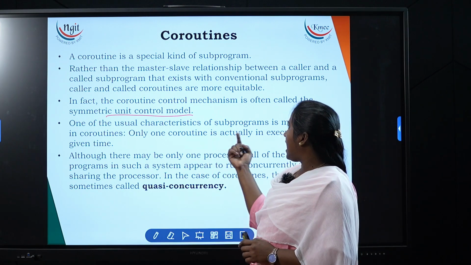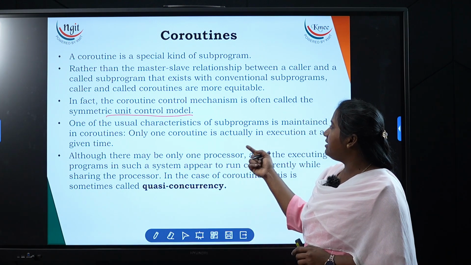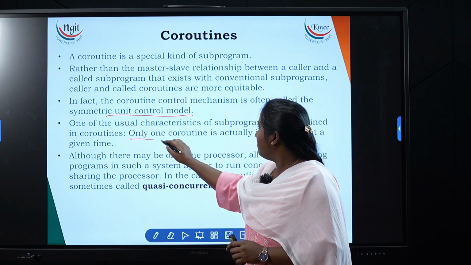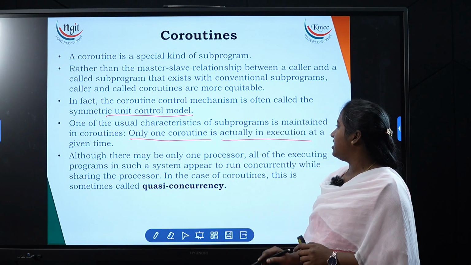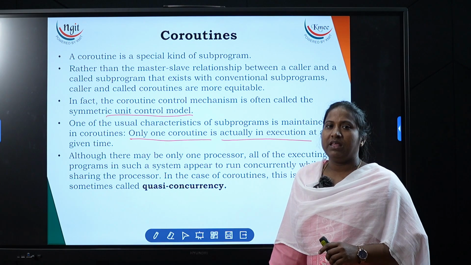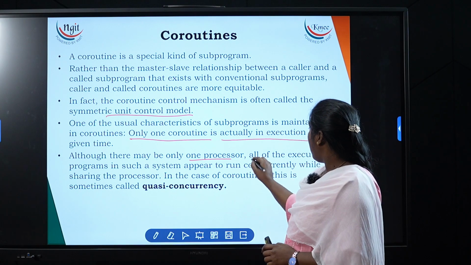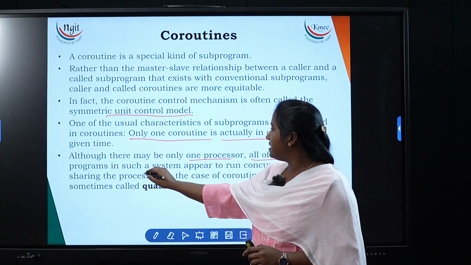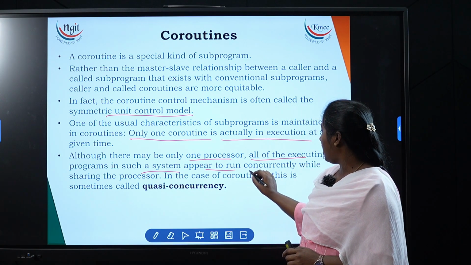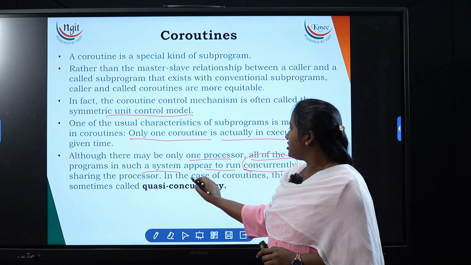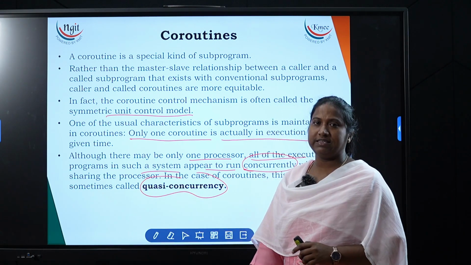One of the usual characteristics of subprograms is maintained in coroutines: only one coroutine is actually in execution at a given time. Although there may be only one processor, all of the executing programs in such a system appear to run concurrently, and this is called quasi-concurrency.